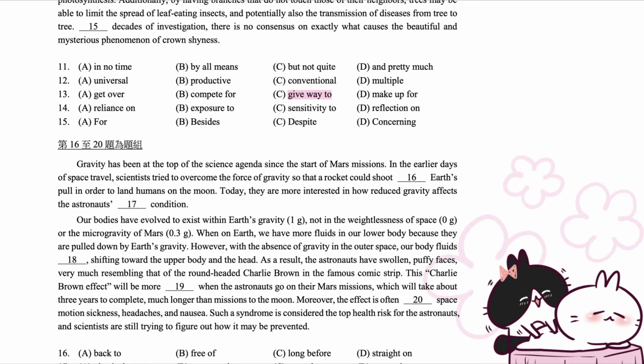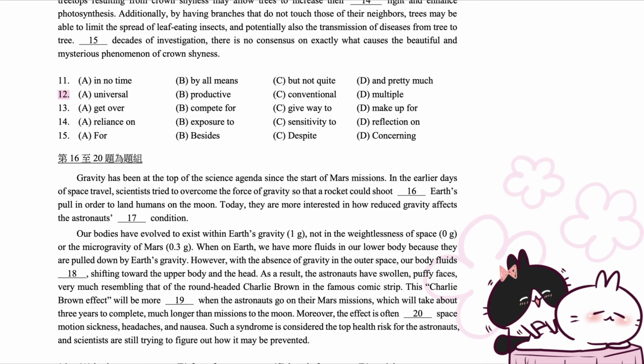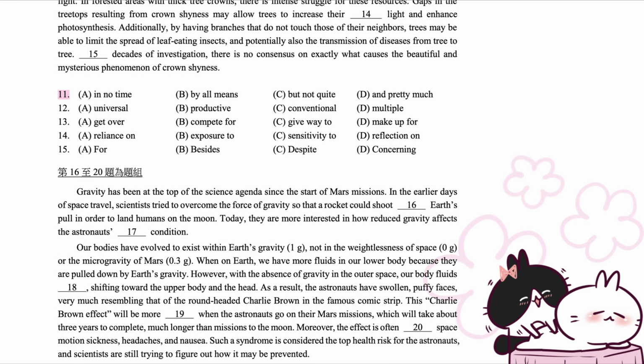C. Give way to. D. Make up for. 12. A. Universal. B. Productive. C. Conventional. D. Multiple. 11. A. In no time. B. By all means. C. But not quite. D. And pretty much.